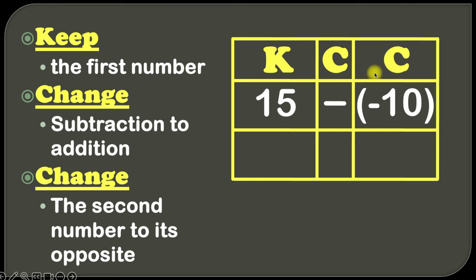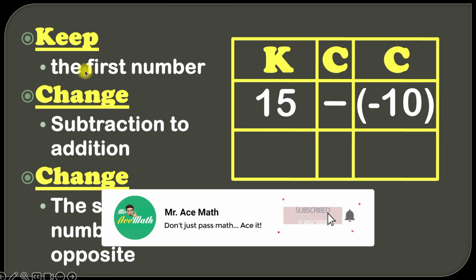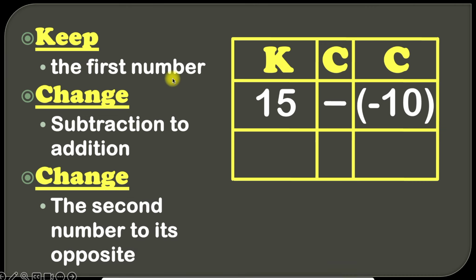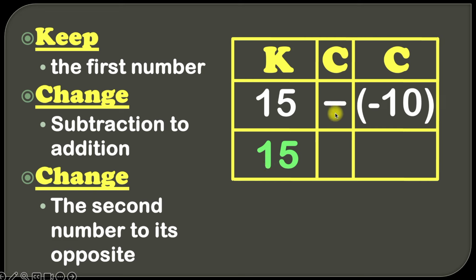So now let's apply KCC. The K stands for keep. So we're going to keep the first number exactly the same, which means that in this box, I'll just keep positive 15. This C stands for change. So we're going to change subtraction into its opposite operation, which is addition. So in this box, I'll put the plus sign.